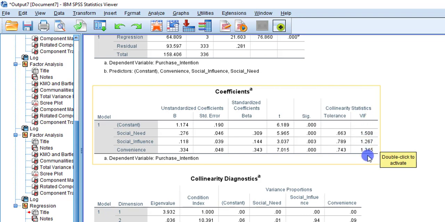So remember, the threshold is that the VIF value should be less than 10. Here the values are around 1, so they are far lesser than 10. So we can conclude that there is no multicollinearity in the model, and the estimated results are accurate and unbiased.